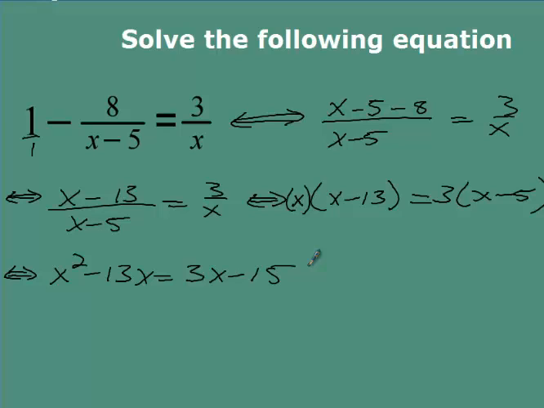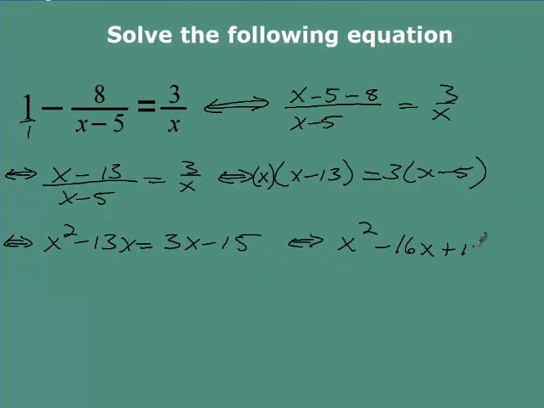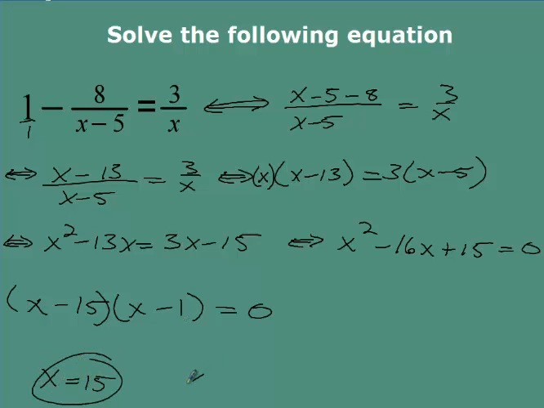So that means that I have to get everything on the same side. So I've got an x squared minus 16x plus 15 equals 0. Everybody all right? Yes, no? Minus 15 and a minus 1, right? So now I'll set each one equal to 0, and I get x equals 15, and I get x equals 1.